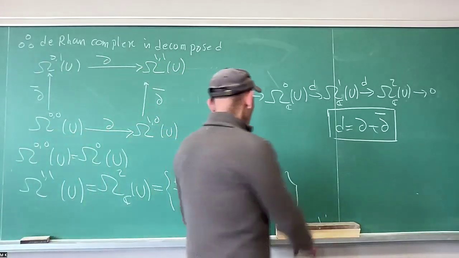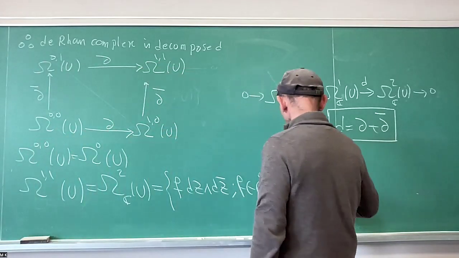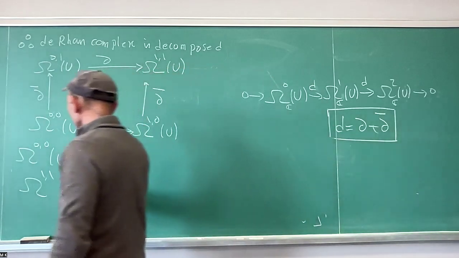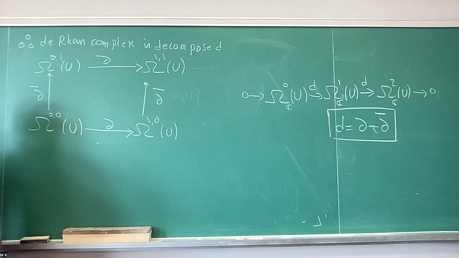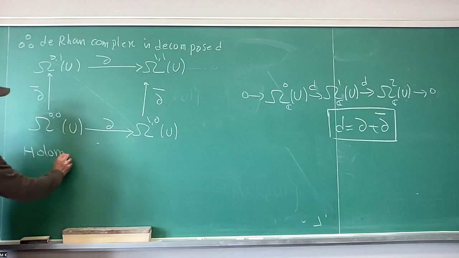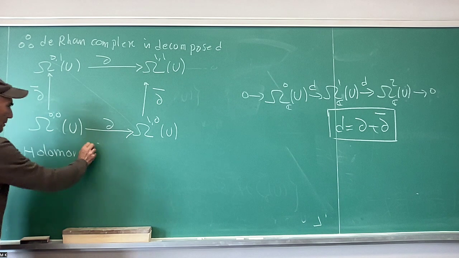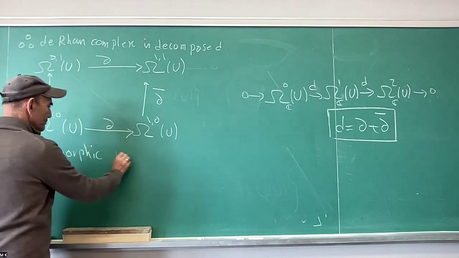Okay, so now what we can do, we can make some definitions. Let me define the idea of holomorphic one-forms. So this is what maybe you were worrying about. So let me define it. Holomorphic one-forms.